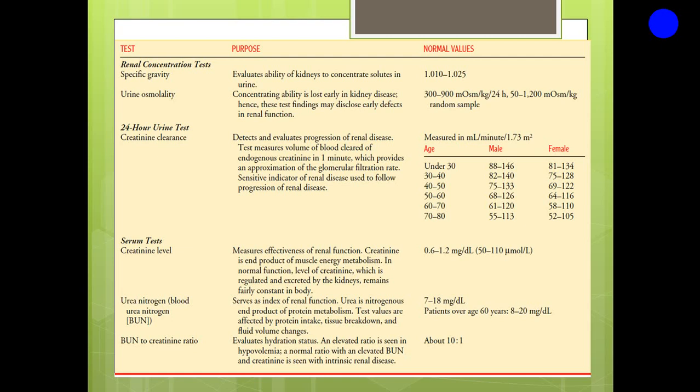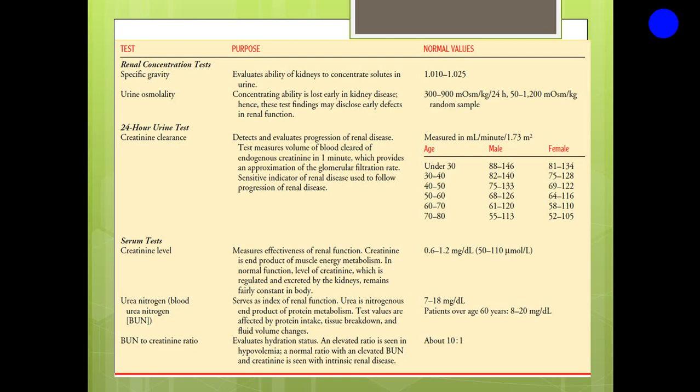This table shows the renal concentration test, specific gravity. The purpose of specific gravity is to evaluate the ability of the kidney to concentrate solute in urine, which has normal values between 1.010 and 1.025.